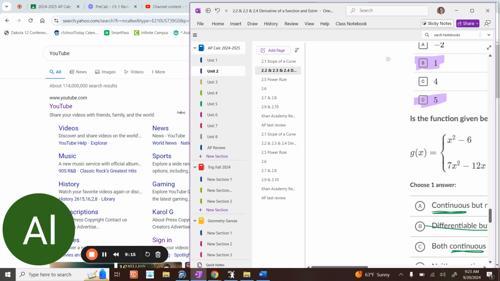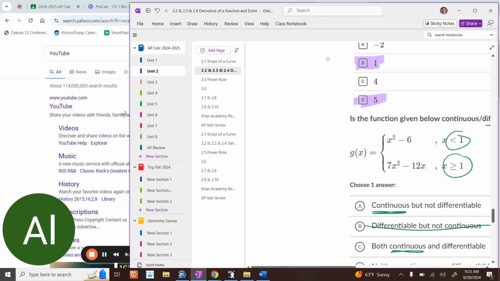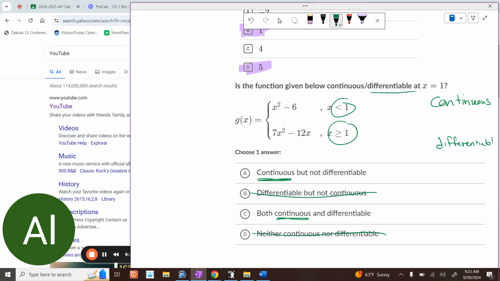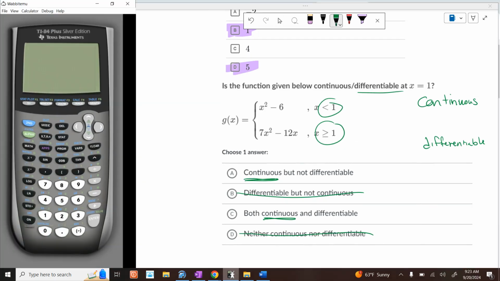Graphing calculator on. Y equals, clear out what's in there.